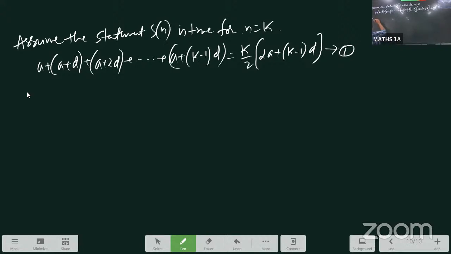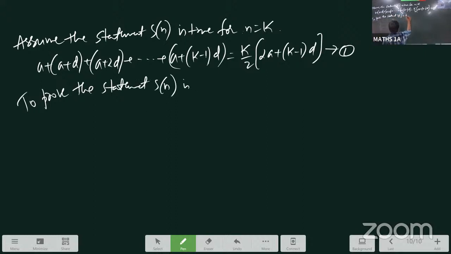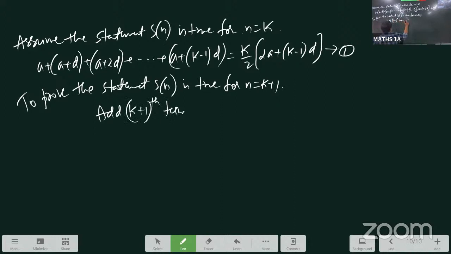Now, to prove the statement S of n is true for n equal to k plus 1, what should I do? Add the (k plus 1)th term on both sides of equation 1.